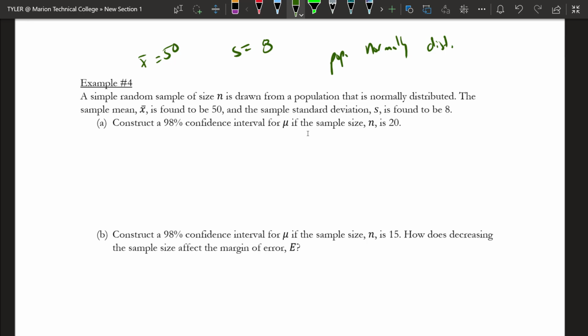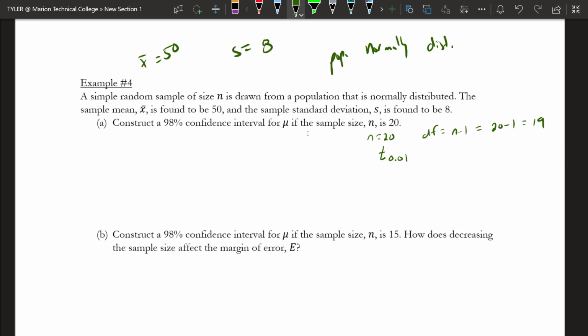So looking at part A, we want to construct a 98% confidence interval for mu if the sample size n is 20. So I know that n equals 20. That means the degrees of freedom is going to be equal to n minus 1, which is 20 minus 1, which is 19. And so the t critical value that I'm going to need to find for a 98% confidence interval is going to be t sub 0.01.